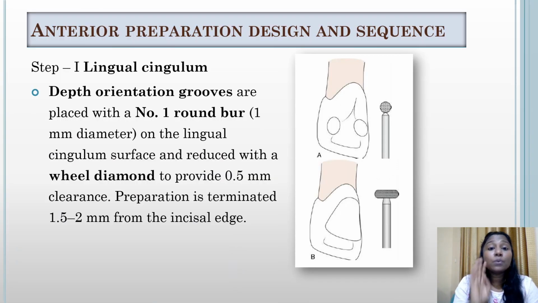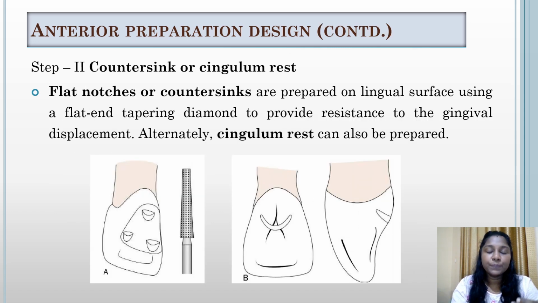To begin with, there are 4 steps in anterior teeth preparation. The first step is the cingulum preparation, which is subdivided into 2 steps. Firstly, we use depth orientation grooves made with a round bur. Following this, around 0.5 mm of enamel is reduced with a wheel diamond bur, and the preparation is terminated 1.5 to 2 mm from the incisal edge.